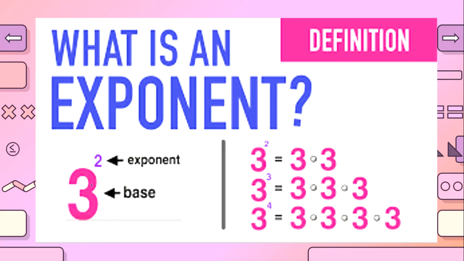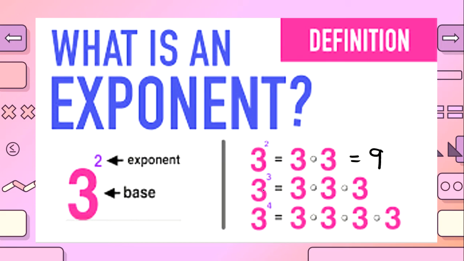As you can see in this given example, we have 3 squared. It is being raised to 2, meaning we have to multiply 3 by itself 2 times, or twice. That's 3 times 3 in expanded form. Simplifying that is equal to 9.